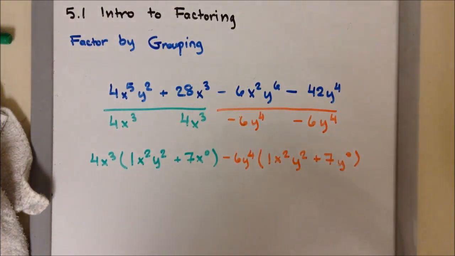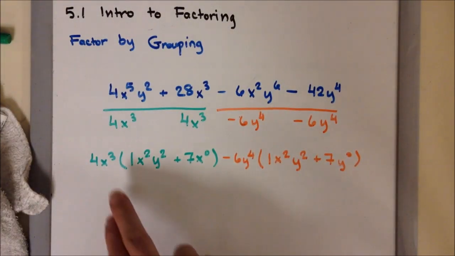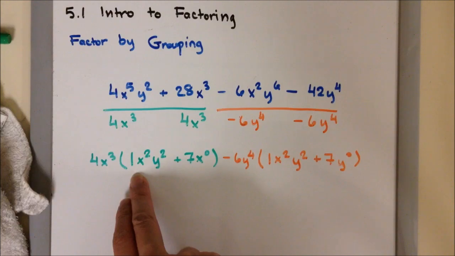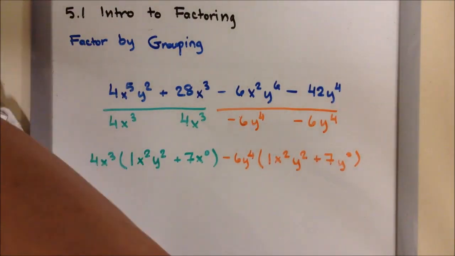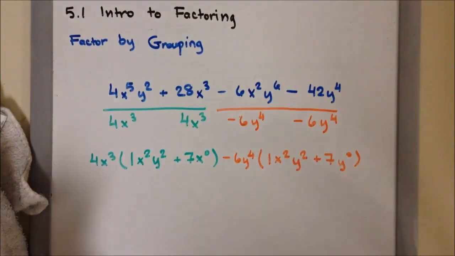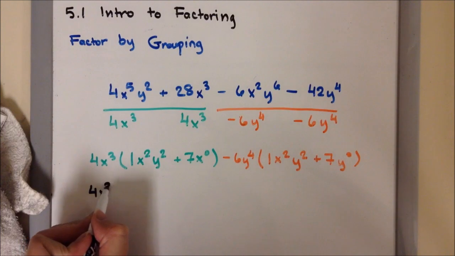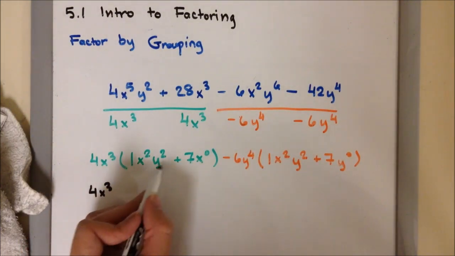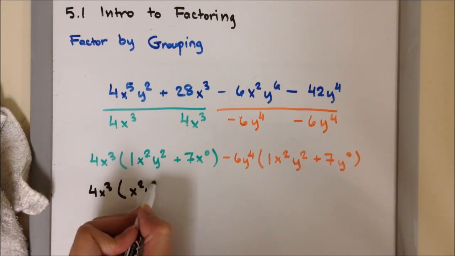Alright, so from that part, I'm going to simplify because I have the 1 in front of the x squared y squared. I also have x to the 0 power, y to the 0 power. Since it's just 1 x squared y squared, I'm just going to write x squared y squared.